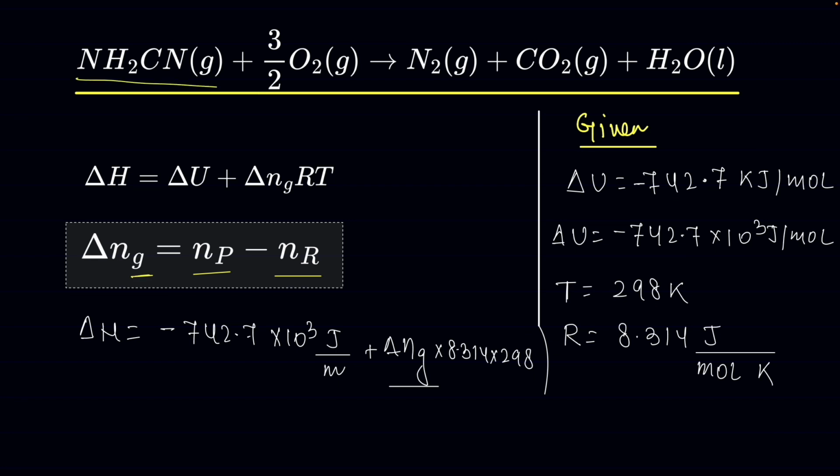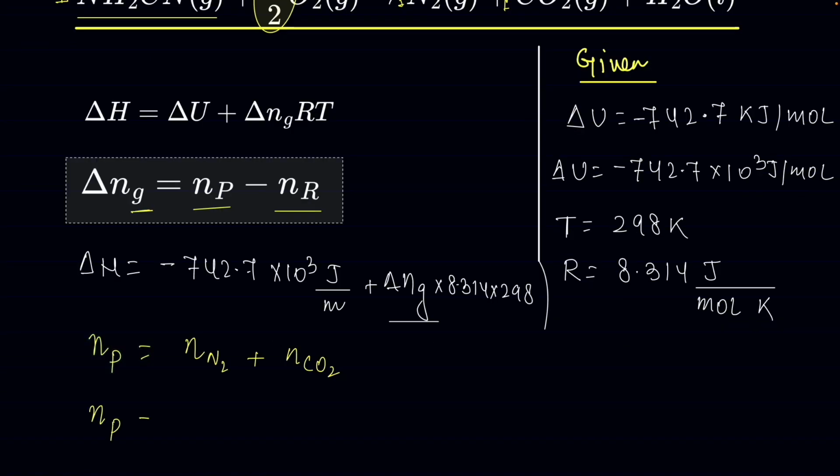So here you see, in this case the moles are 1, 3/2, and on the product side 1 and 1. The mole of the product is equal to mole of N2 plus mole of CO2, so 1 plus 1, it's equal to 2 mole.